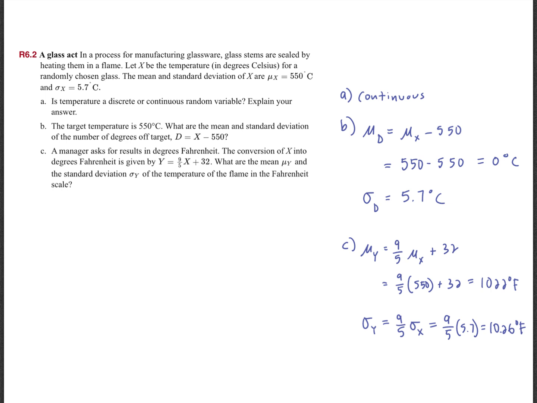Okay, so this one kind of had to deal with a lot of the concepts of when to multiply or add or subtract or divide when you're doing that to a random variable to get another random variable.